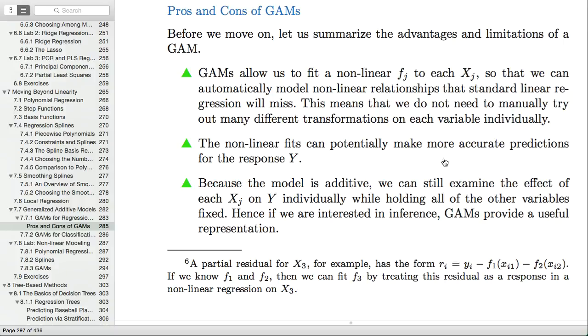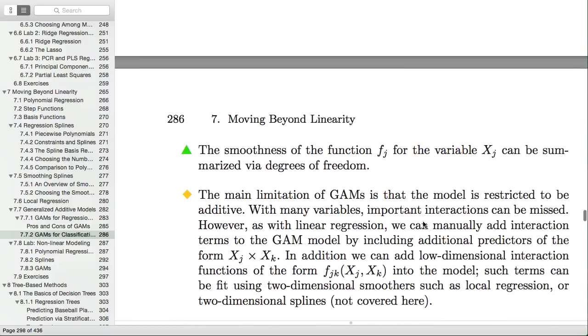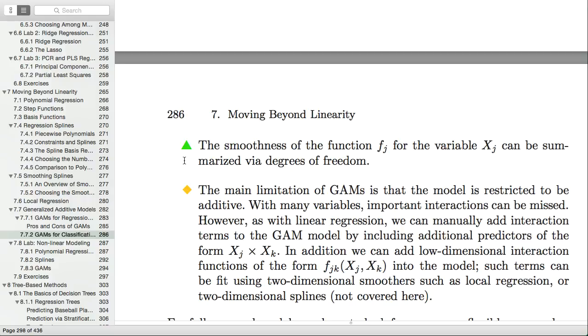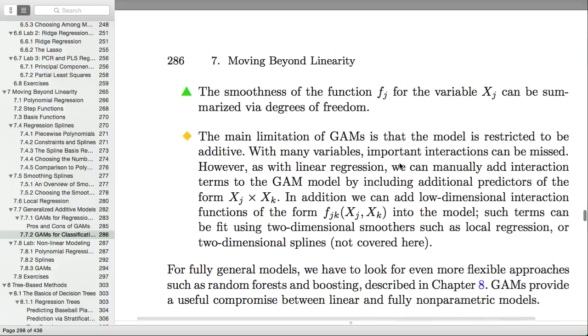These are sort of versions of the same thing. We can examine the effect of each predictor on the response and hold all the other variables fixed. So this will allow us to do inference, which means checking on the relationship between the variables rather than just making a prediction. So that's all to the good. The smoothness can be summarized via degrees of freedom, so that gives us better interpretability.